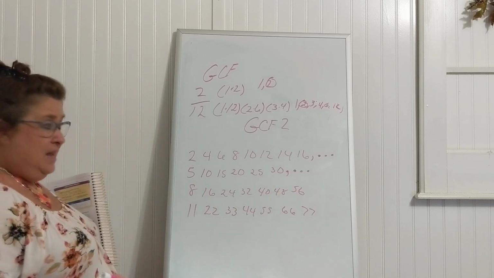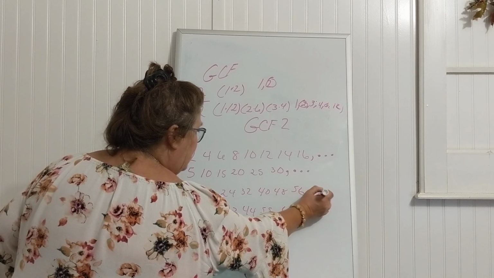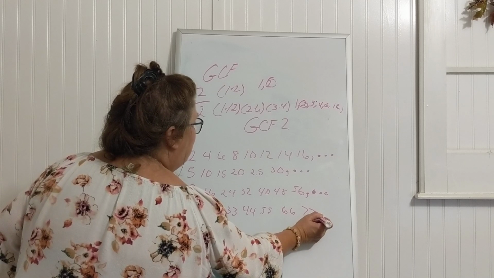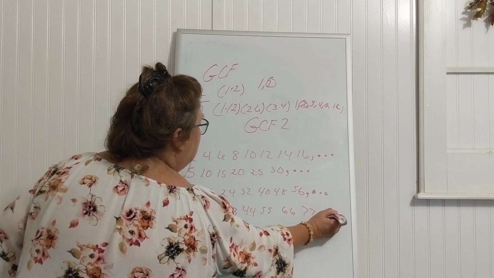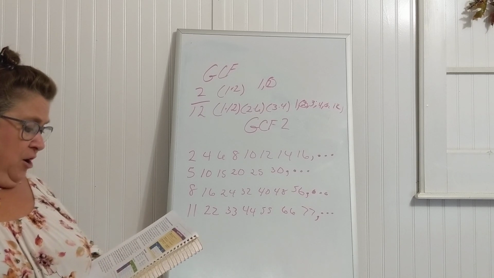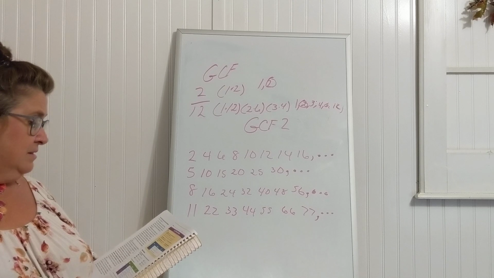Same with counting by 8s, and the same when counting by 11s. No matter what we're counting by, those multiples will never end because they will just go on and on forever. So we have to do comma, dot, dot, dot.